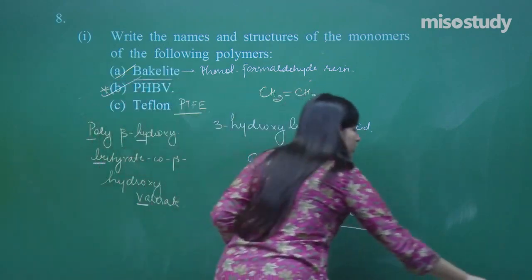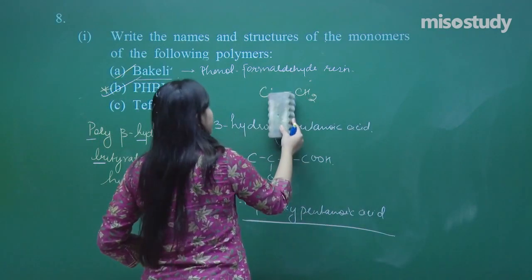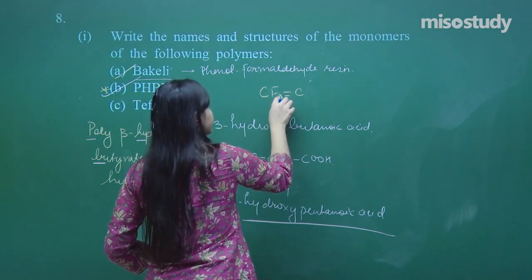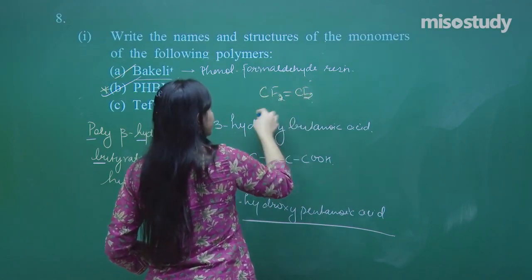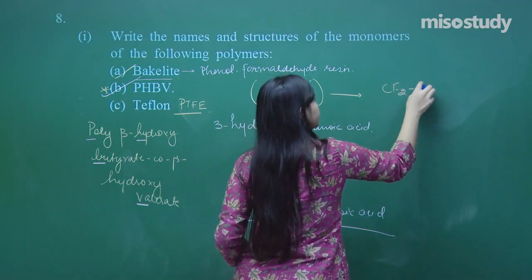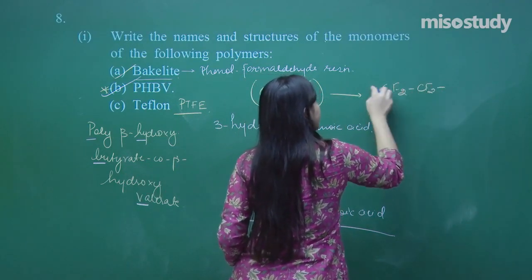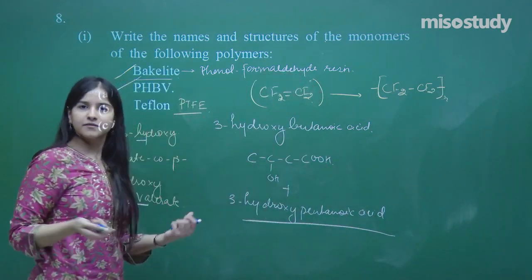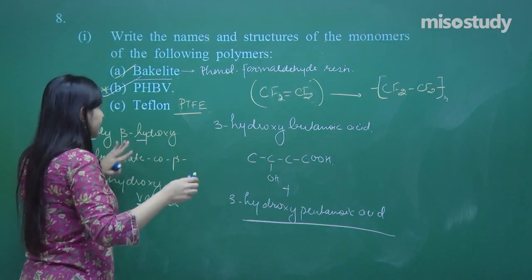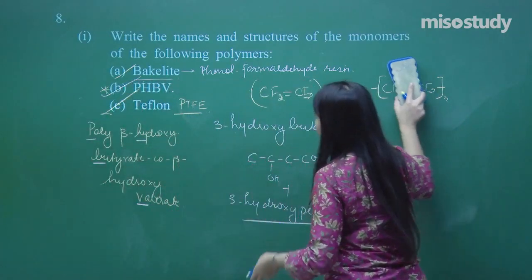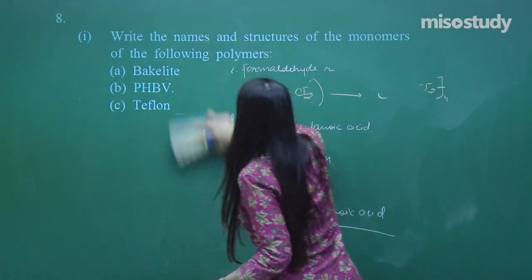Tetrafluoro means all the hydrogens will be replaced by fluorines. Fine. Can I make a polymer out of that? Definitely yes. Like that. So that is what Teflon is, PTFE. Clear? So done with it. All the 3 options done, full 3 marks I've got. I hope you too have got this.